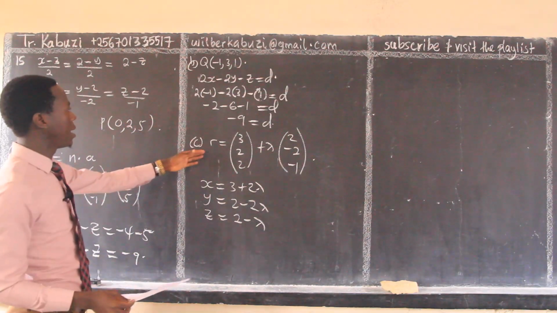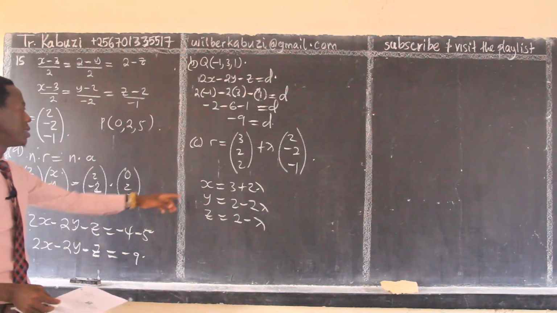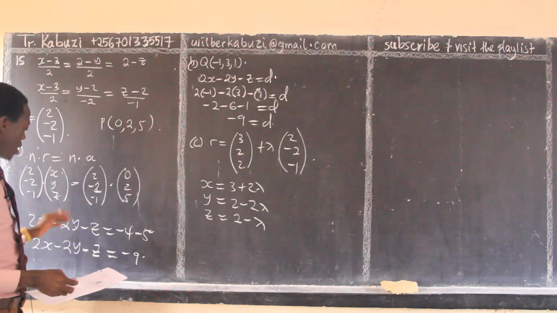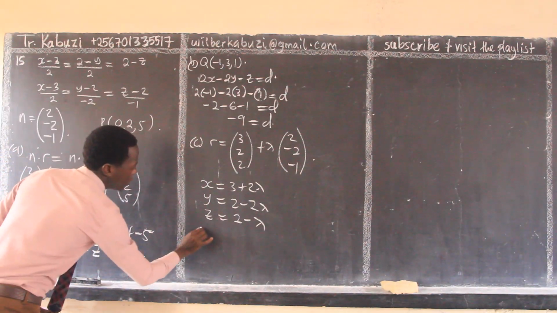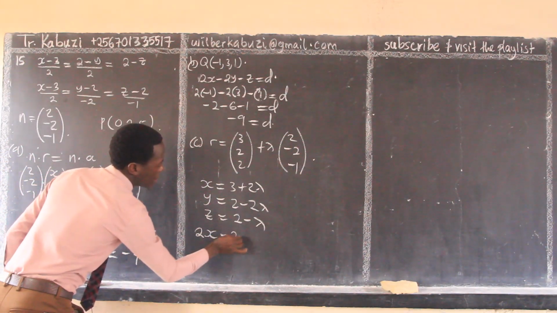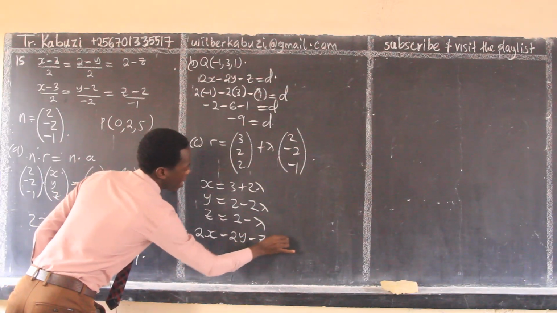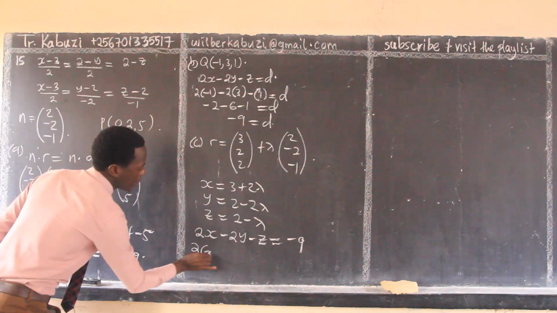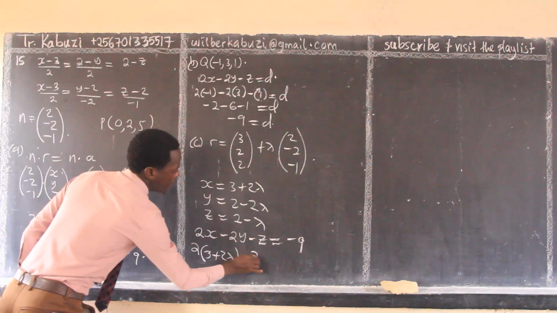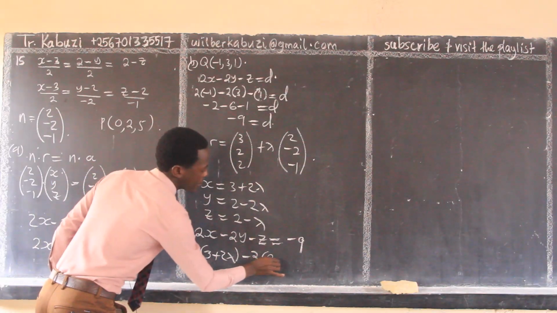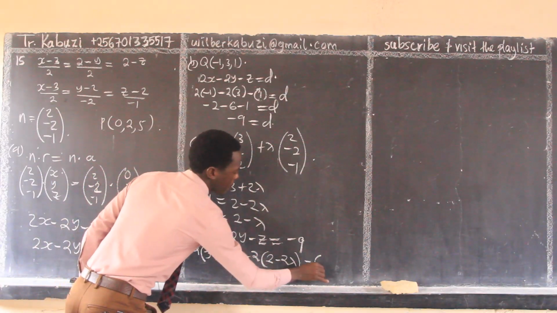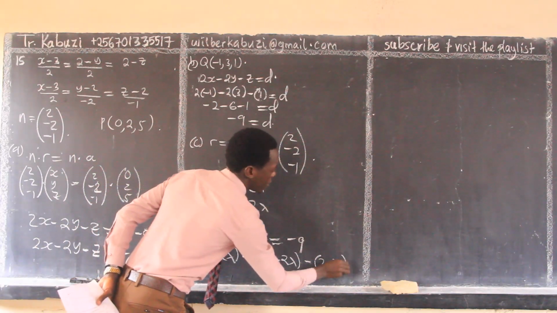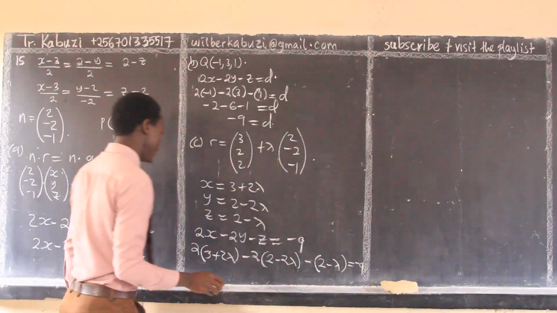Now if this line intersects this plane, then these x, y, and z values should satisfy the equation of this plane. So from 2x minus 2y minus z equals negative 9, I'm just going to substitute my x, my y, and my z, equals negative 9.